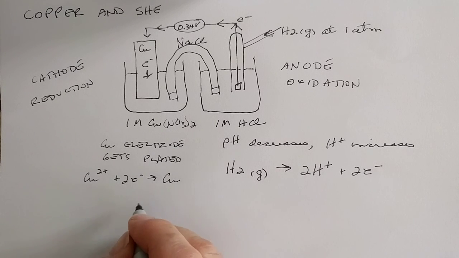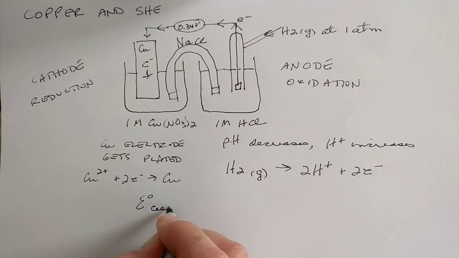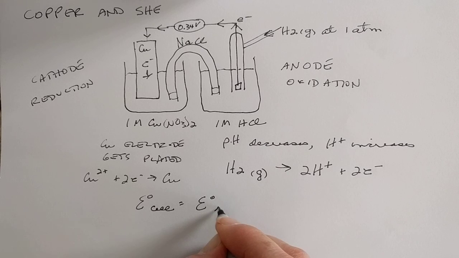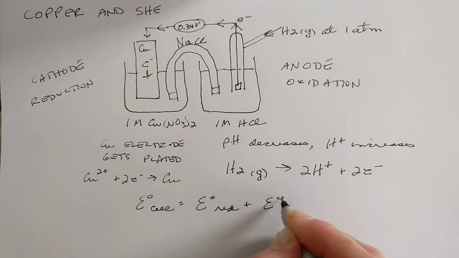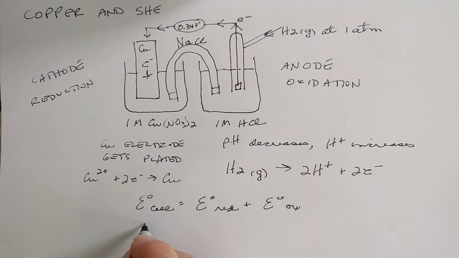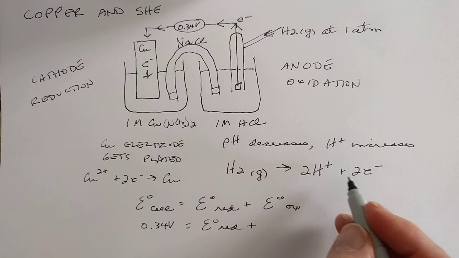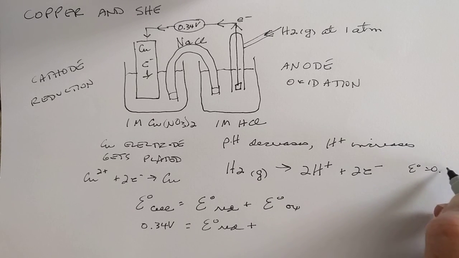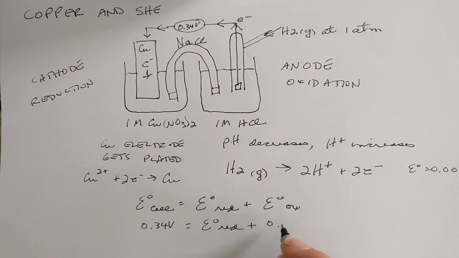So now we have the E0 of the cell equals the E0 of the reduction plus the E0 of the oxidation. Our voltmeter gives us 0.34 volts. The E0 of the reduction, that's what we're looking for. And then the E0 of the oxidation, this is always 0.00 by definition.